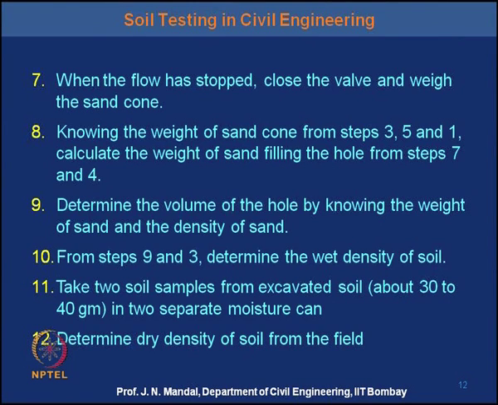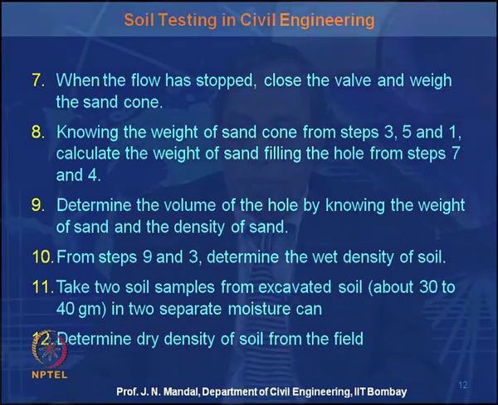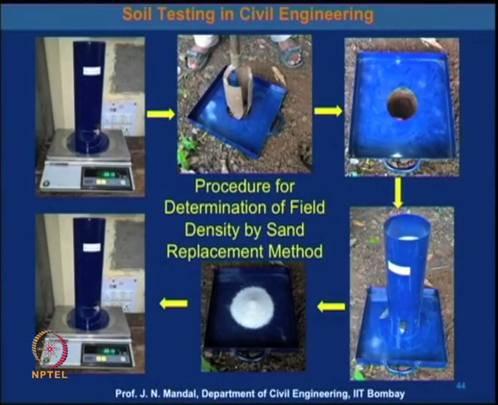Take 2 soil samples from the excavated soil, about 30 to 40 gram each, in 2 separate moisture cans and determine the dry density of the soil from the field. So, this is the procedure for the determination of the field density by the sand replacement method.